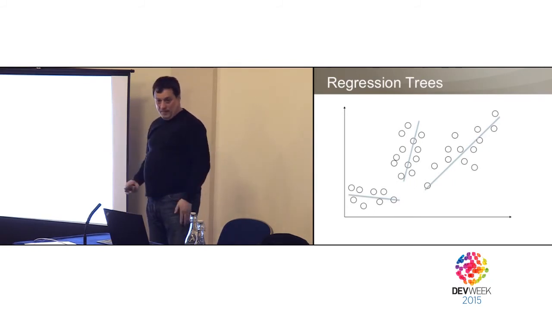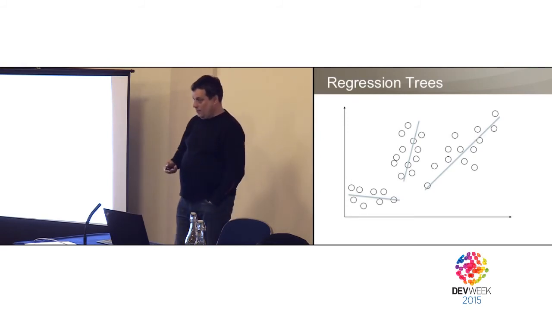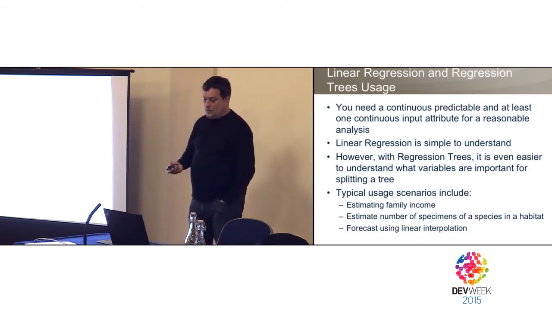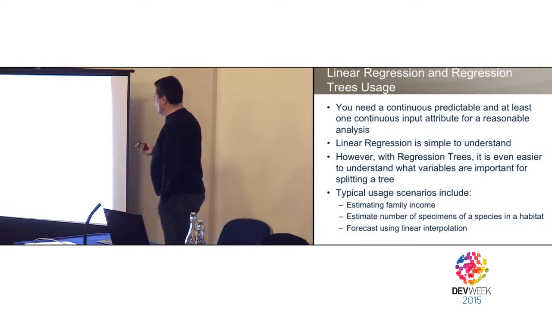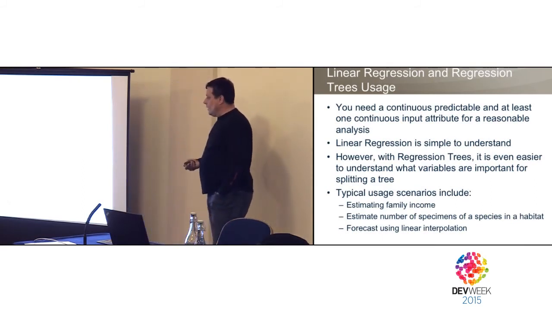Like family income for a credit applicant. So, as I said, in order to get something meaningful, we need at least two continuous variables, one predictable and one input.